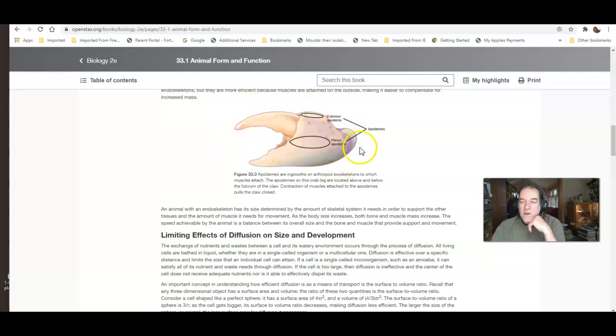And really the weight of the skeleton is the limit on how big an arthropod can be on land. And so that constrains them to sizes quite a bit smaller than vertebrates with endoskeletons are capable of. That's why the vertebrate skeleton is such an interesting innovation in the world of animals, because it allows for substantially larger size on land, but not without limit. And that's really the whole point.